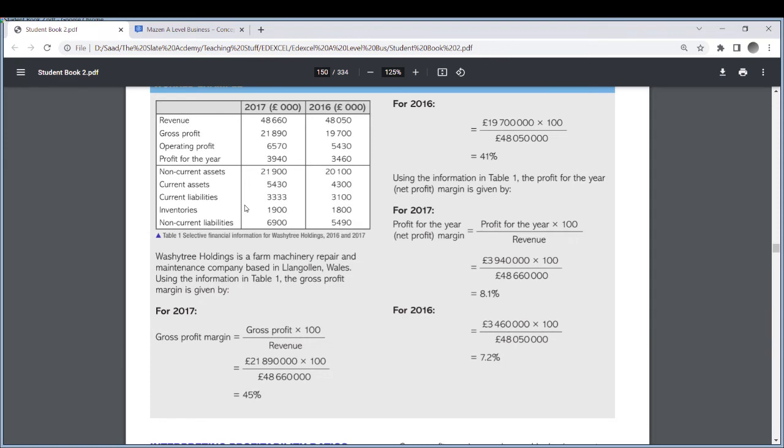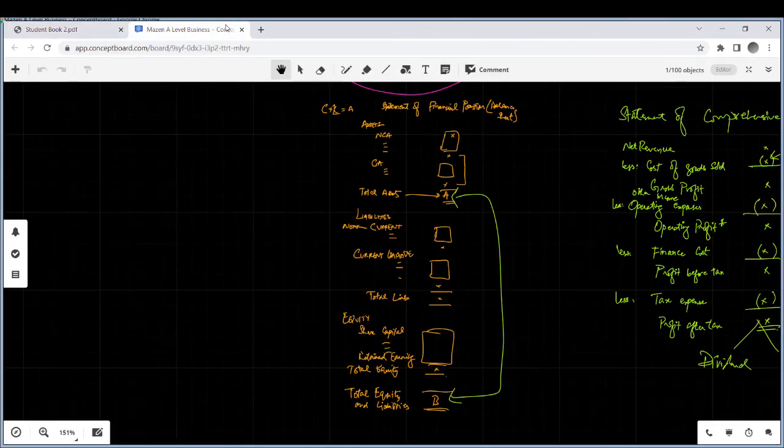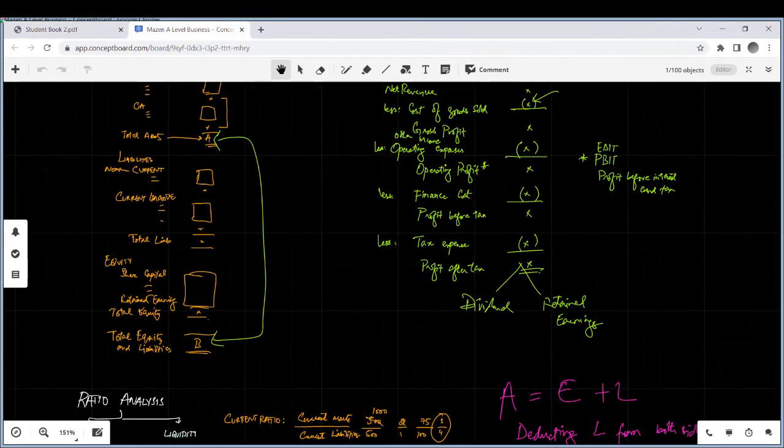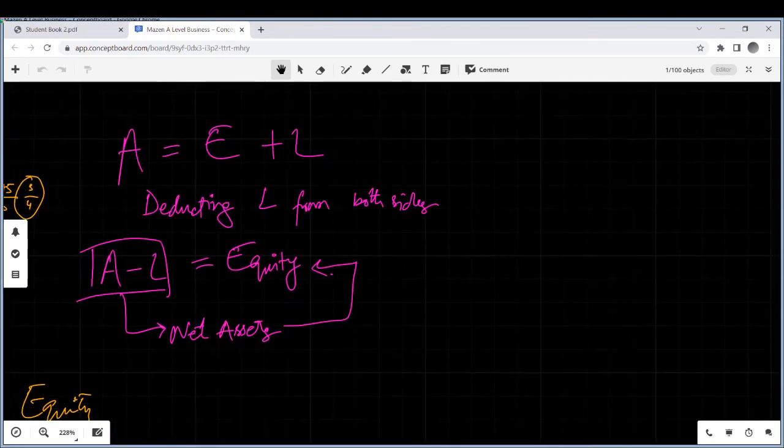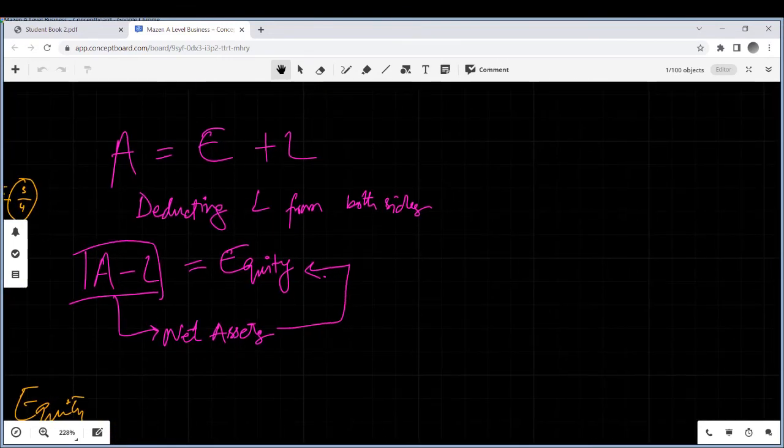I just remembered, you asked the same question at that time as well. Here is how you calculate it: assets minus liabilities.